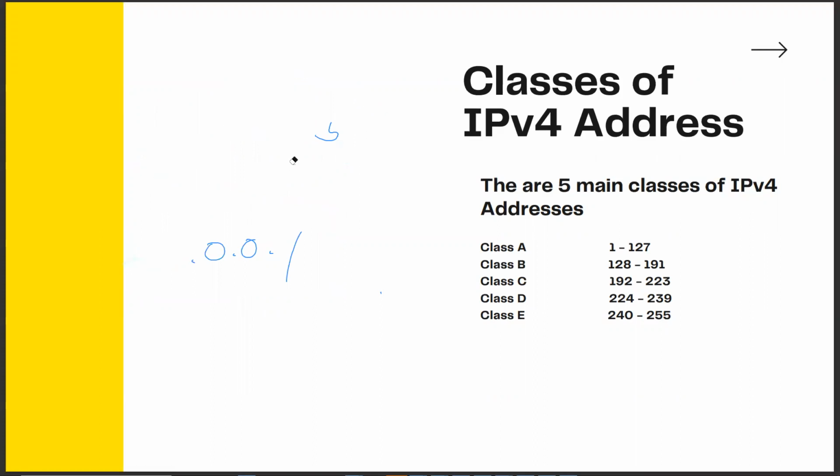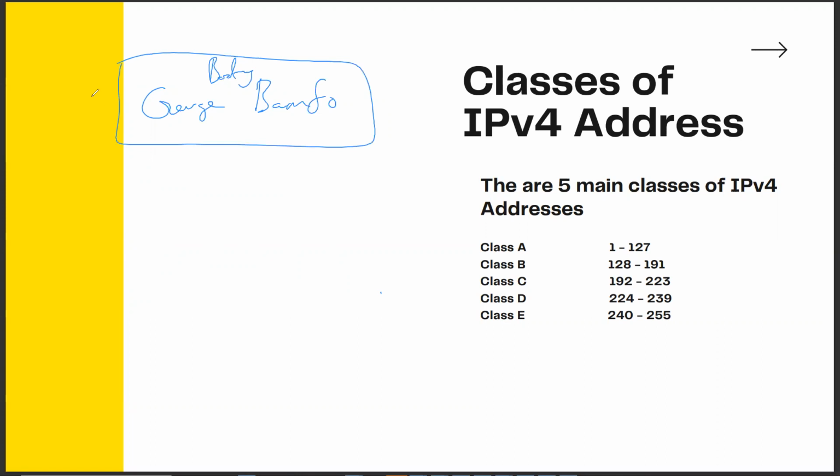Just like human beings, IP addresses are the names of people, and based on a person's name, we can associate that person with a particular part of the world. Not to disrespect anyone, but if I mention my name, let's say George Boateng Bamfo, anybody who knows a little bit about the African continent will know that maybe this person is from Africa, or from Ghana to be precise.